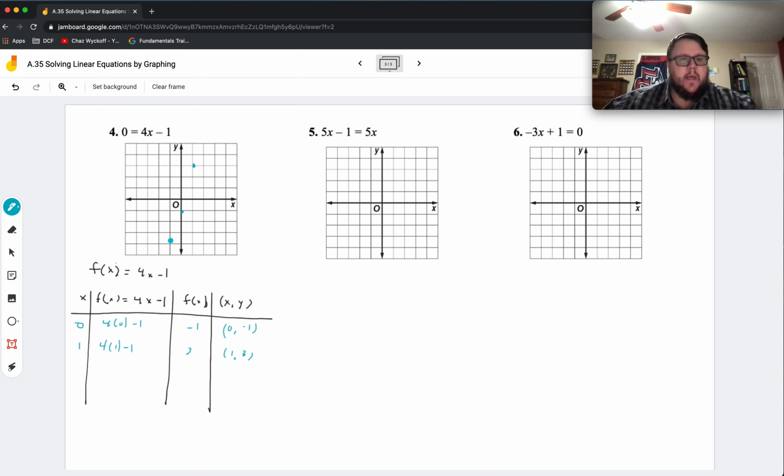Let me draw my line here. And so you'll notice that this doesn't cross the x-axis at a perfect number. So we're just going to estimate it. And I'm going to say x equals about a quarter of the way. So I'm going to say 1/4.